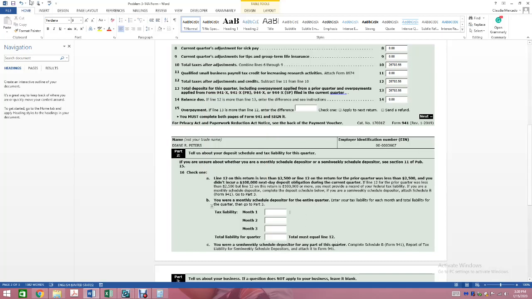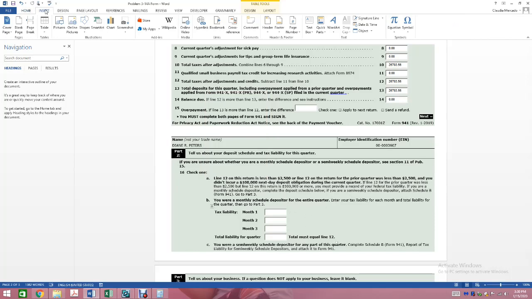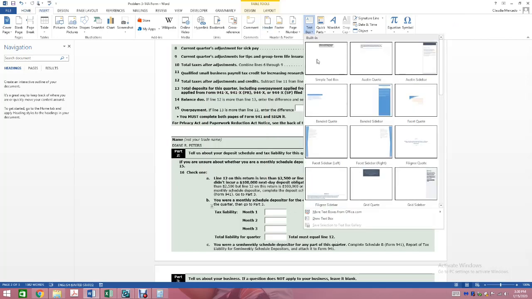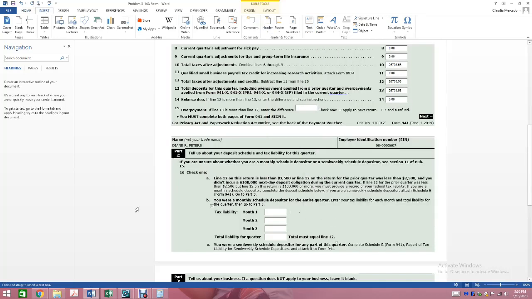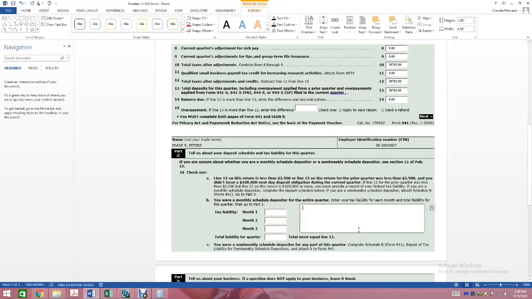I'm going to insert a text box. I'm going to draw a text box here explaining what I'm doing. So what I did here is I got my total tax, my line number 13, which is equal to the $26,703.56.